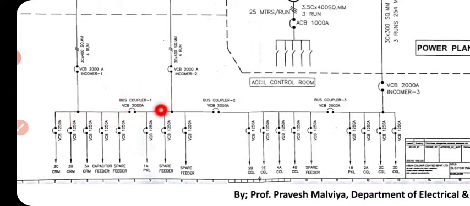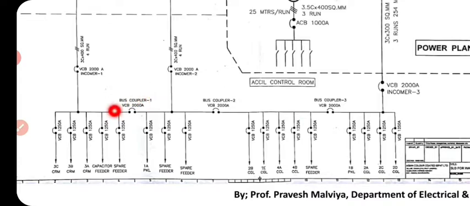So all these sections were joined together, and then electrical energy was distributed in various sections of the plant. The question arises in the mind: why do we need bus couplers in the common bus when it has to be synchronized with each other? Why do we need a bus coupler?